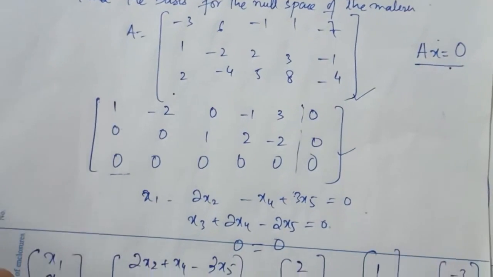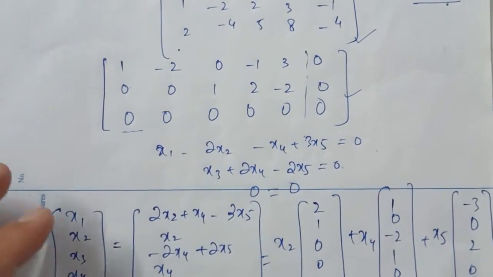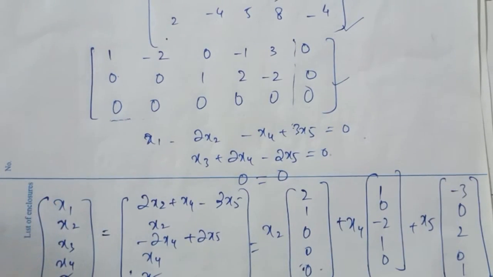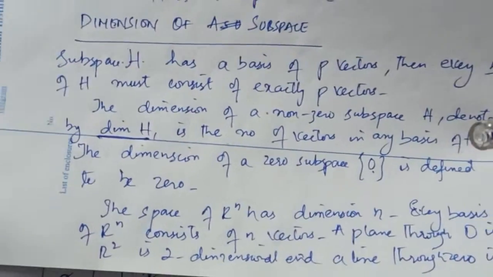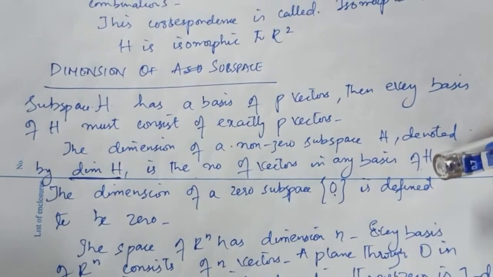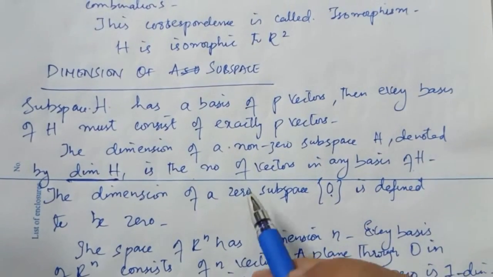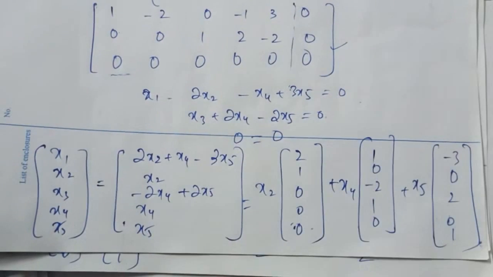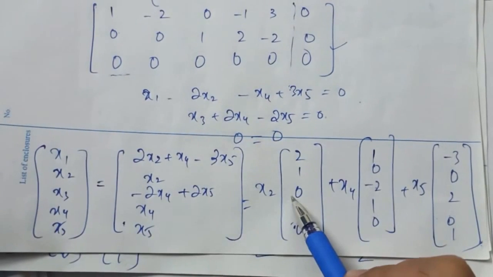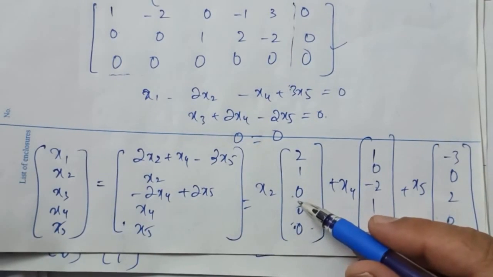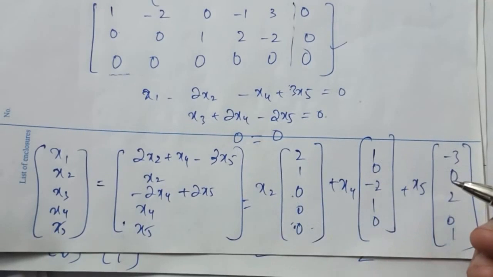Now we can see the dimension of this null space from the definition we just gave. The dimension of a non-zero subspace H is the number of vectors in any basis of H. From the discussion we have 3 vectors for the basis of the null space of A, so the dimension of this null space is 3.